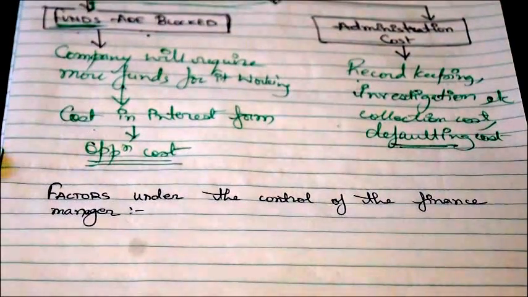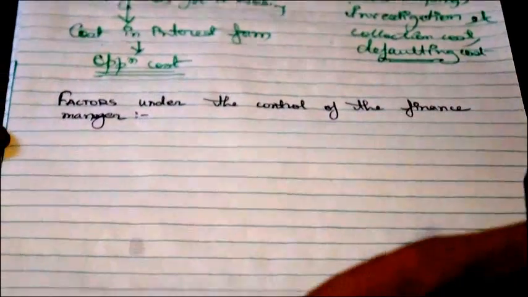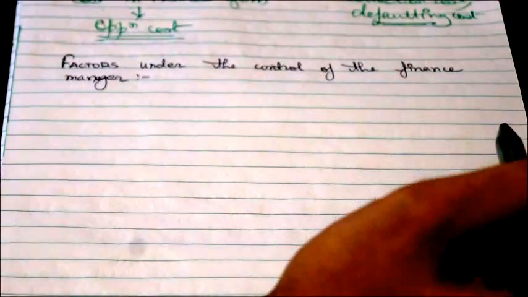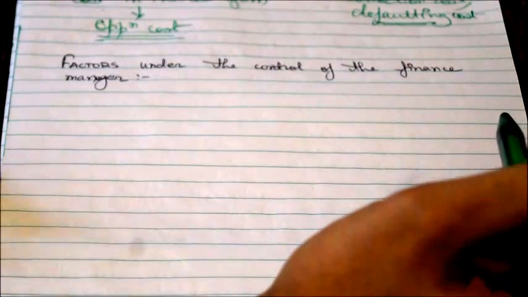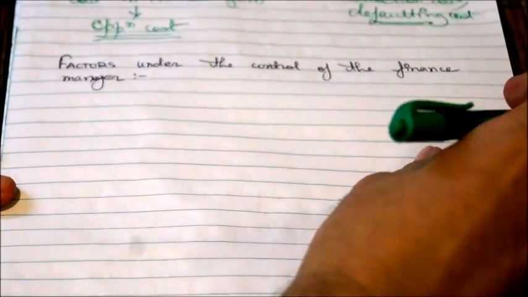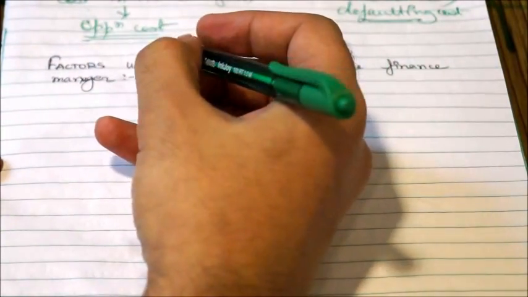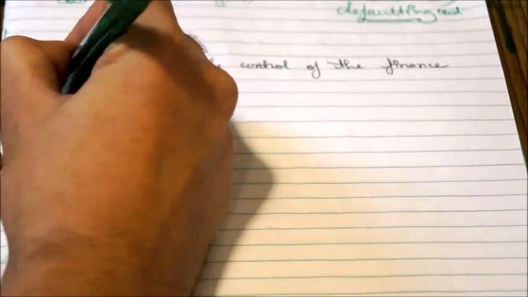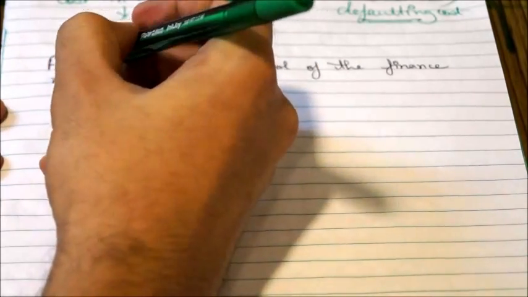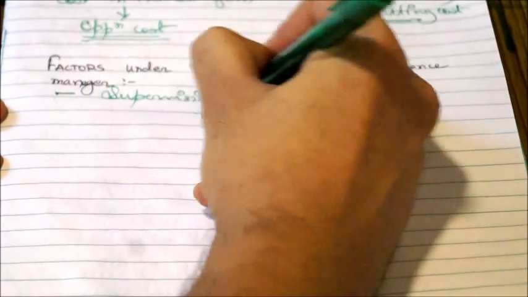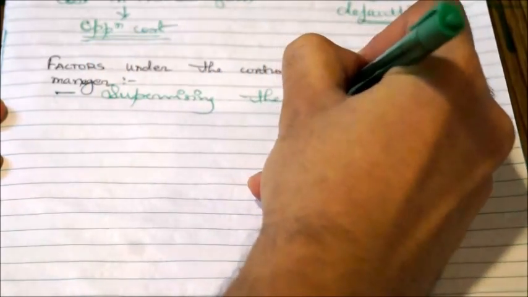So now that we know all of this, what are the factors under the control of a finance manager? Now there will be some factors which a finance manager cannot control, and it is going to lead to some bad debts or some problem. But what are the costs which he can control? The very first is supervising the administration of credit.